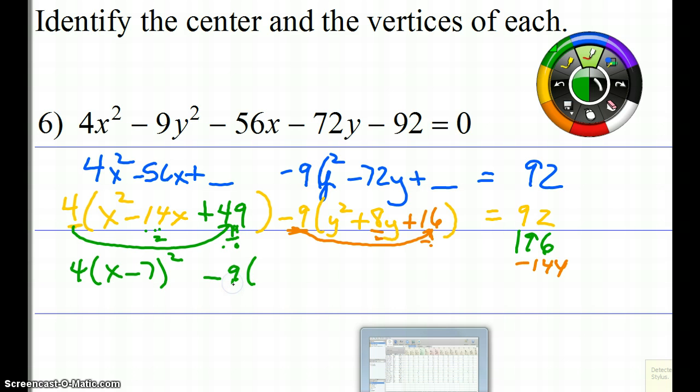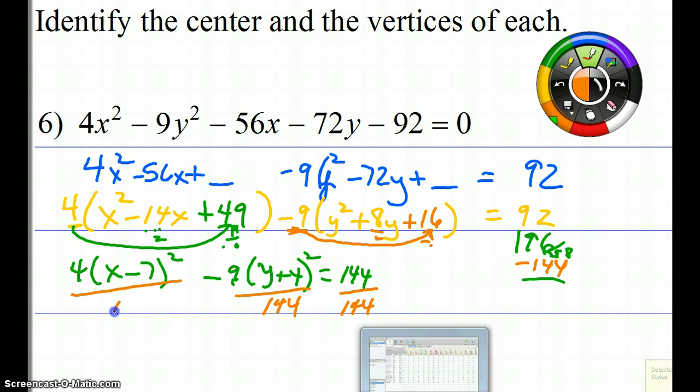Just keep that negative 9 out there. Half of 8 is 4. And then clean up this side. So let's see. We get 288 minus 144 is 144. And now, like you did with the ellipses, you divide everything by that coefficient so that it equals 1. And it will look now like the regular standard form of a hyperbola.